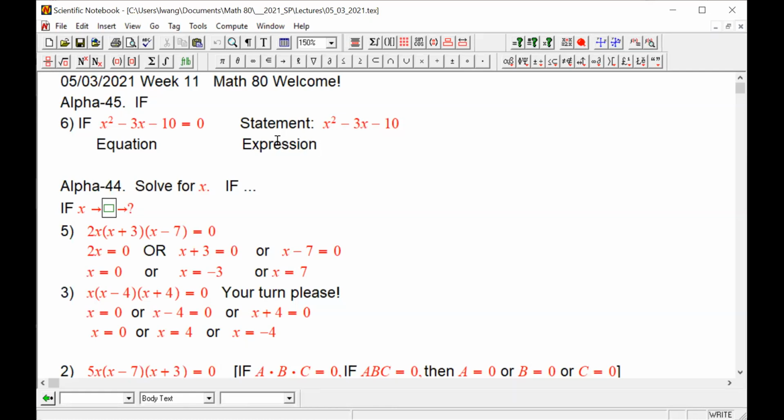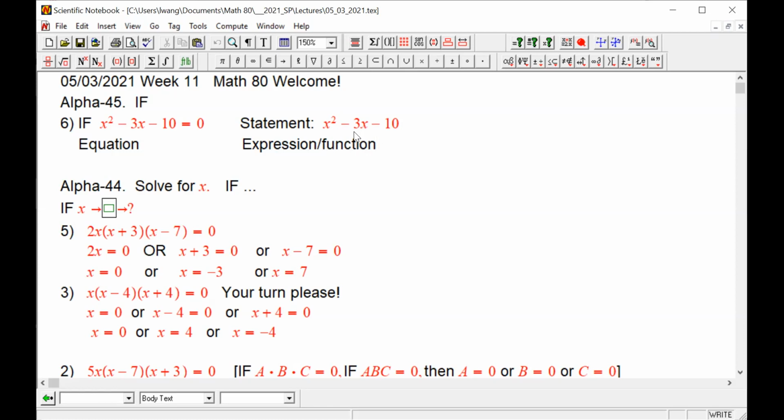If you want to make a connection to something you learned before, this is what your teacher emphasized. What is an equation? Equation is just an if statement. Expression is just one statement. Expression is also a function.